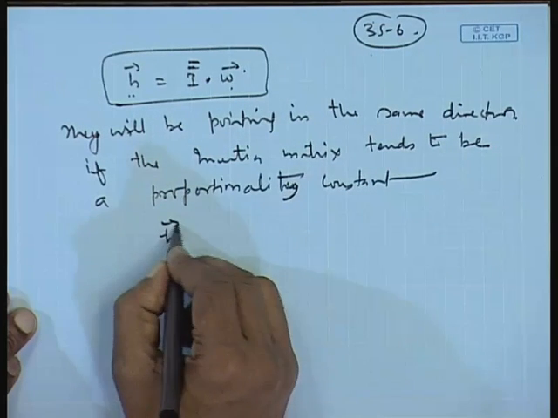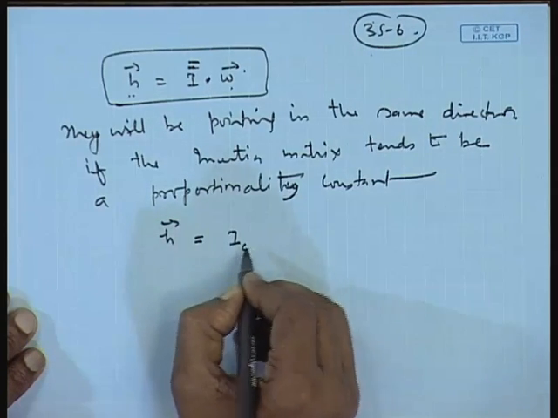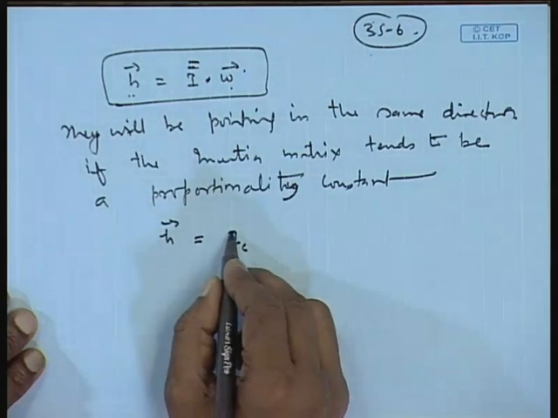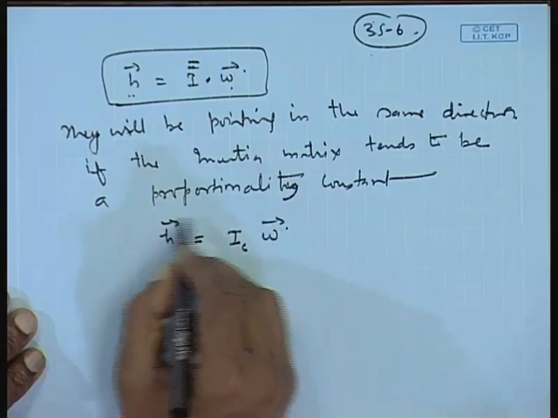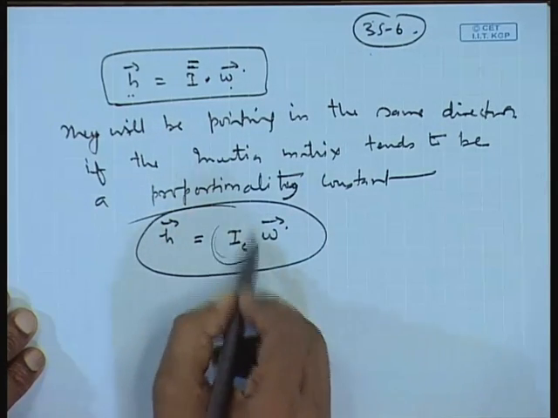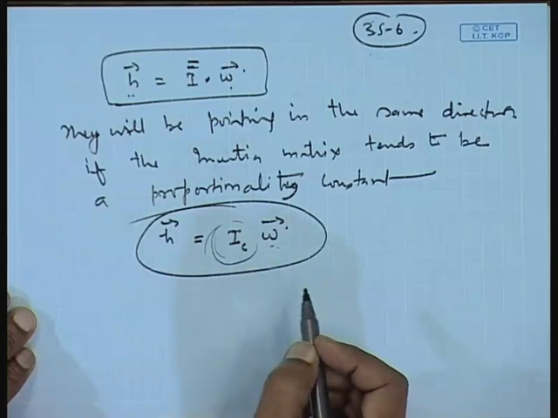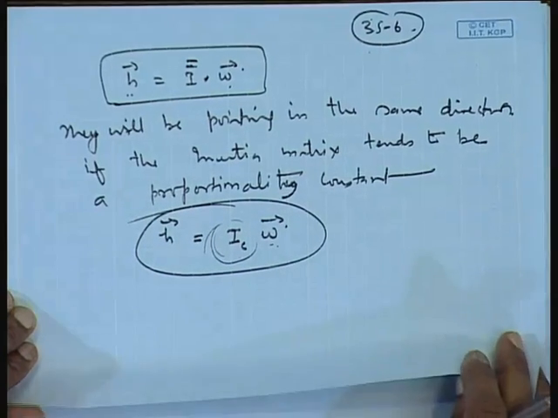And in that case you can write H is equal to some I c, to indicate this is a constant, times omega. So, in this case you can see that this just appears as a proportionality constant, and therefore the H vector and the omega vector are pointing in the same direction.